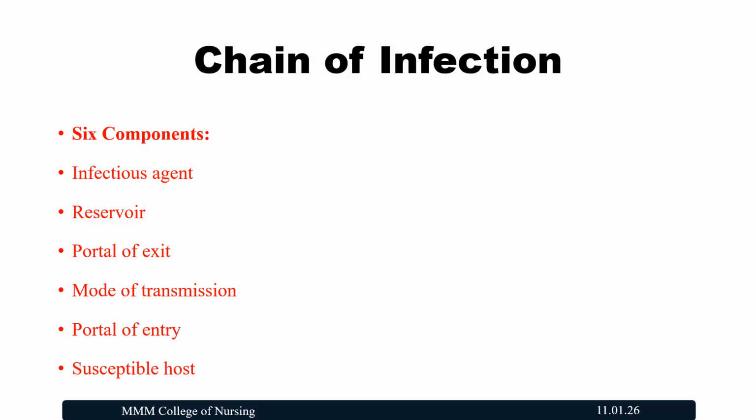Sixth component is susceptible host, the person at risk of infection, influenced by immunity, age or overall health status, etc. So there are 6 components in the chain of infection: first infectious agent, second reservoir, third portal of exit, fourth mode of transmission, fifth portal of entry, sixth susceptible host.